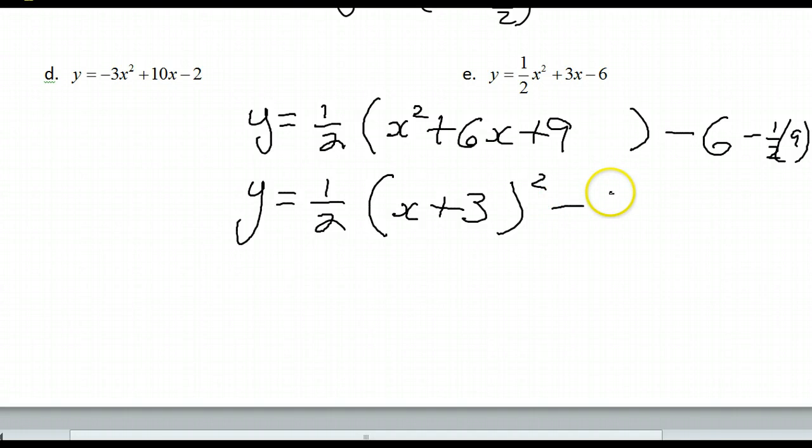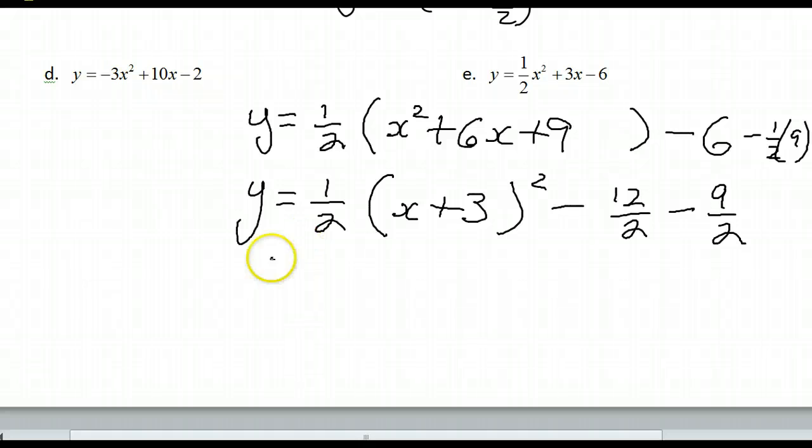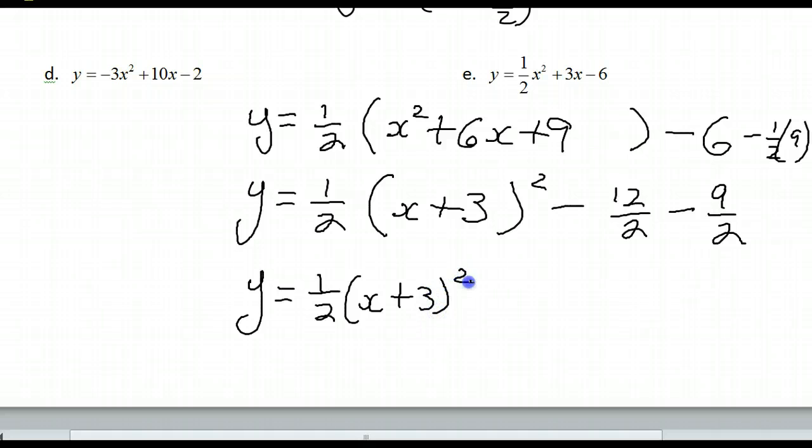Okay, this will give me halves, so that'll be minus 6 is 12 halves, minus 9 halves, and our final answer is 1/2 x plus 3 quantity squared minus 21 over 2.